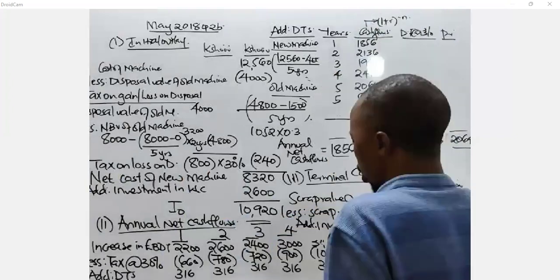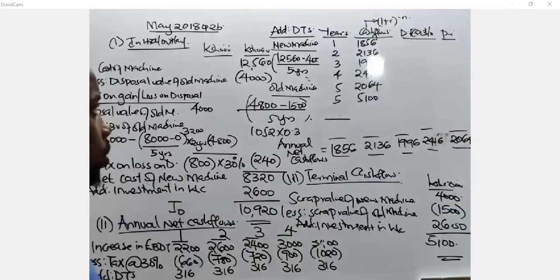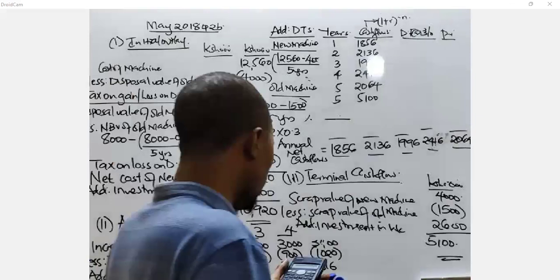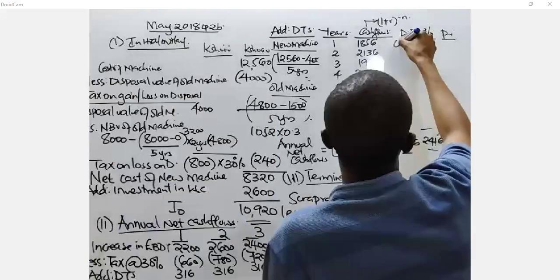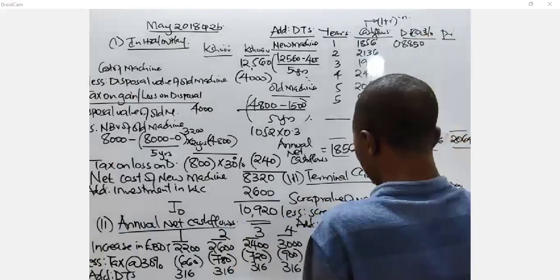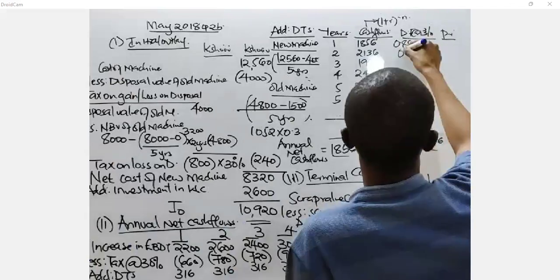So the first one would be 1.13 raised to the power of -1, getting 0.8850.